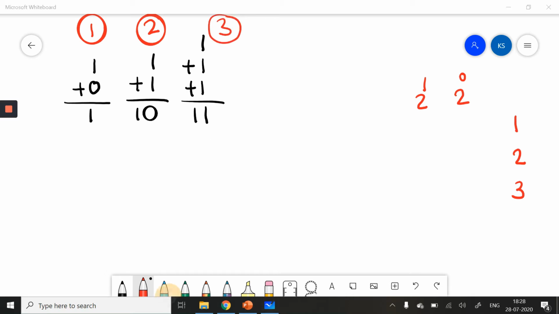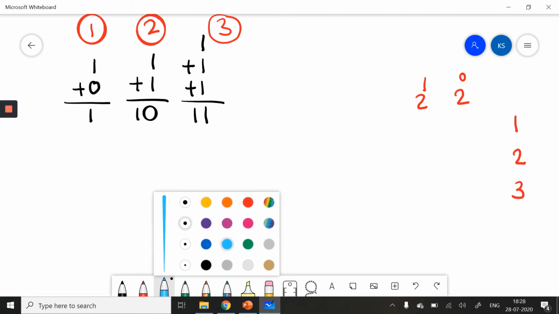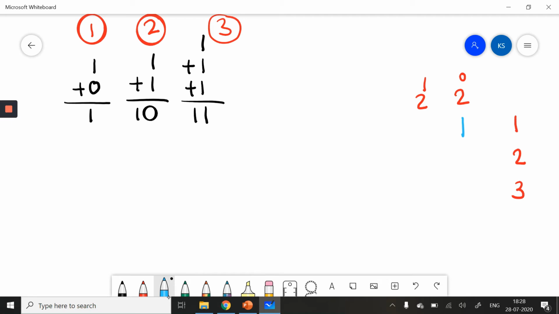Now come here. What is the binary value for 1? That would be 1. Perfect. What would be the binary value for 2? That is 10. And what is the binary value for 3? That is 11. So perfect, here I got the answer. If I have only one 1 in my sum, my answer would be 1.